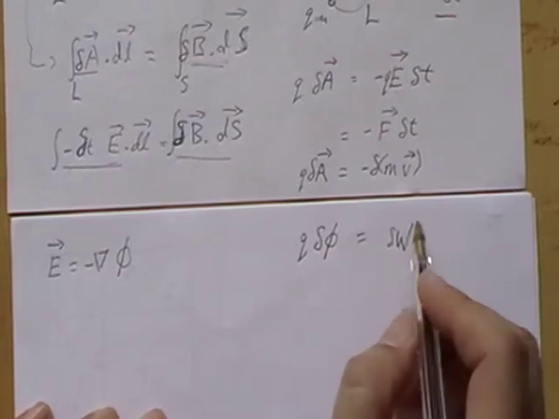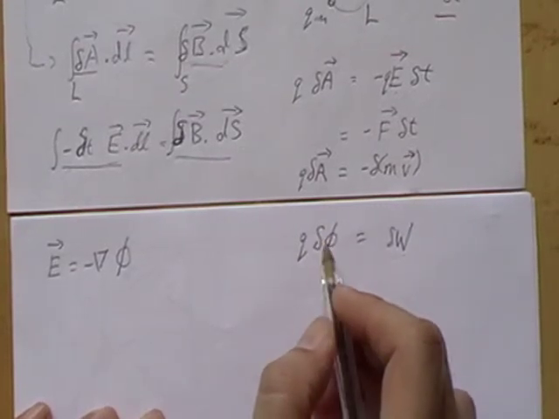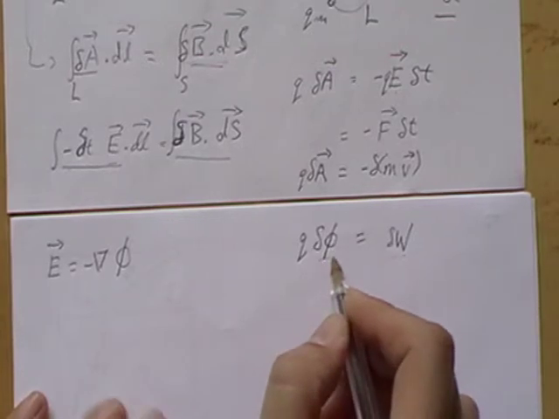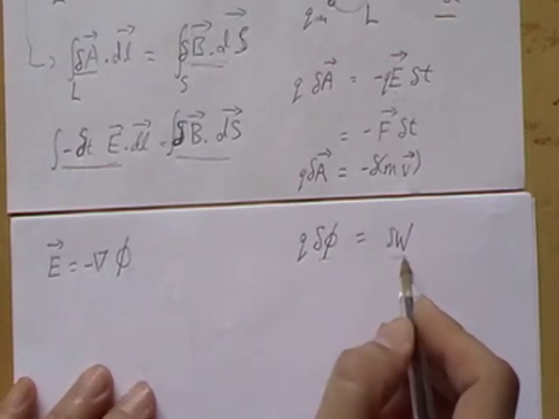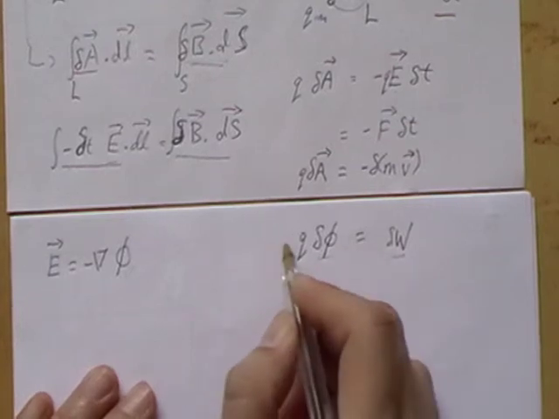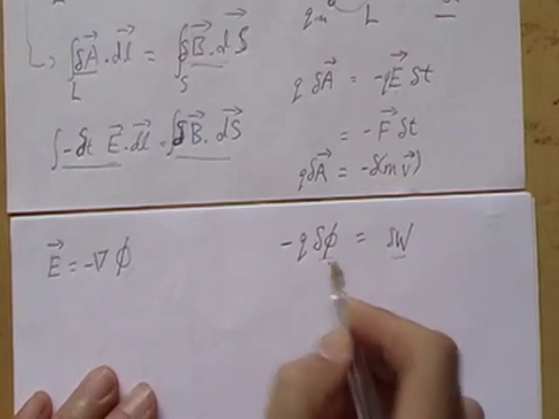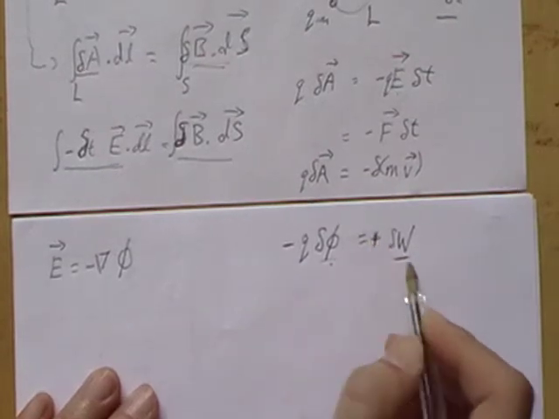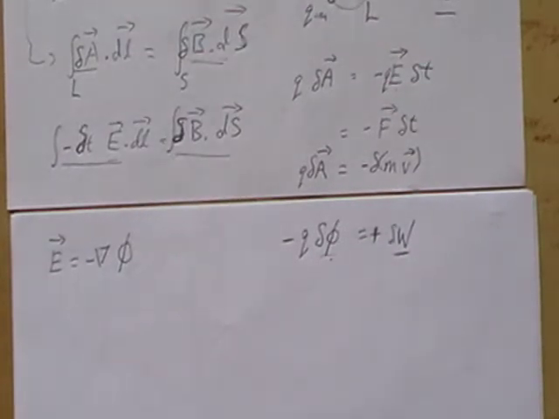So as the particle gains in work done, the potential at its position falls. Therefore we need a decrease, which is a negative change, to give an increase in the work done on the particle. So in this relation we need a minus sign there, to cancel away the minus sign from the decrease in potential, to give a positive answer for the increase in work on the particle. So we have a minus sign there. Okay? So now the connection is clear.